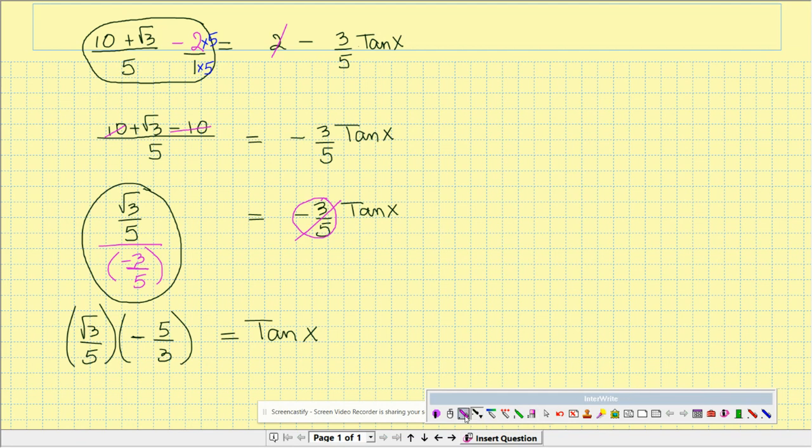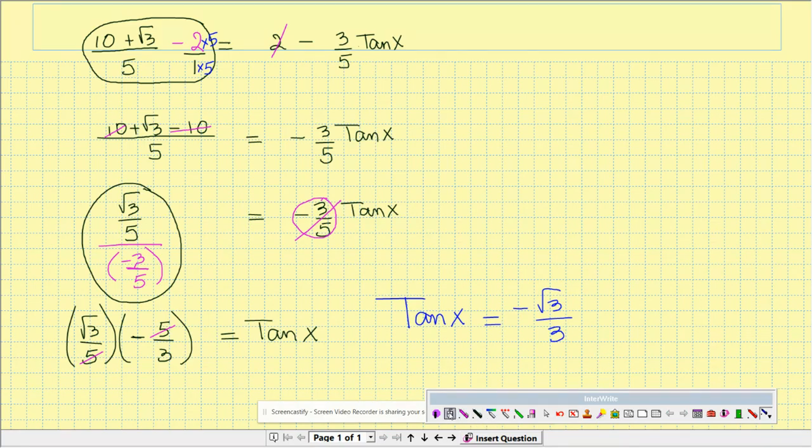Now we can see right here that we can continue to simplify the 5s. So at the end we will see that tangent of x will be negative square root of 3 over 3.